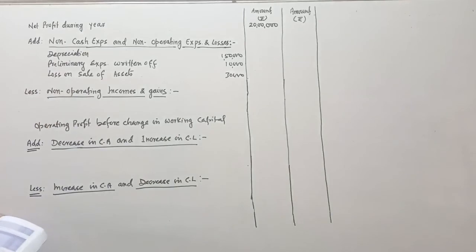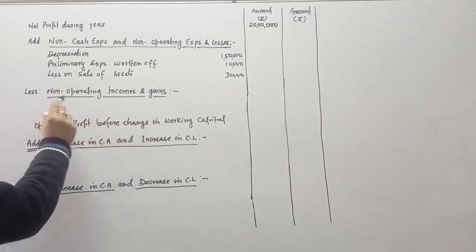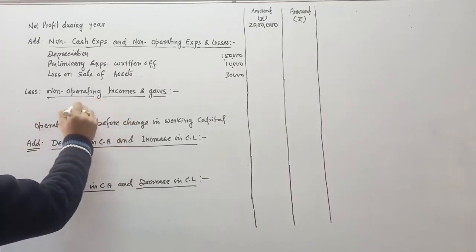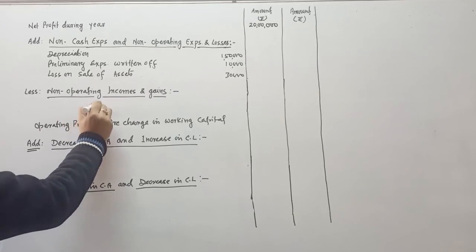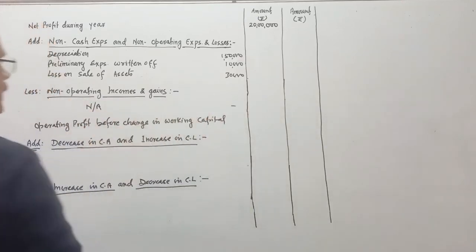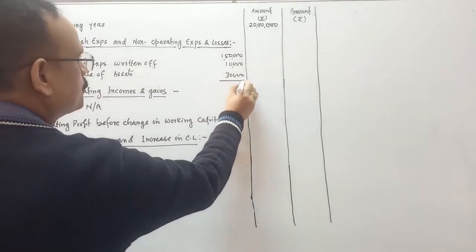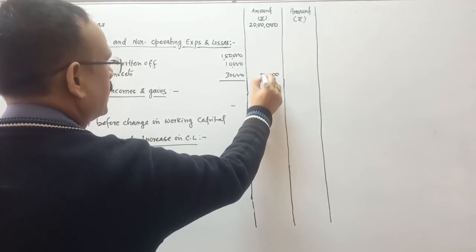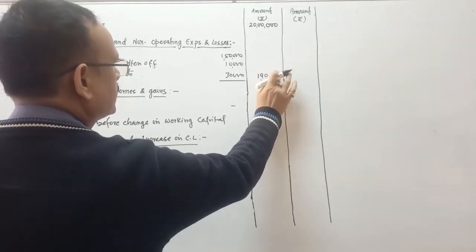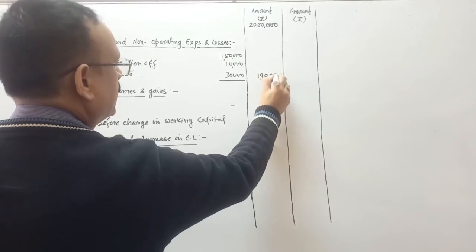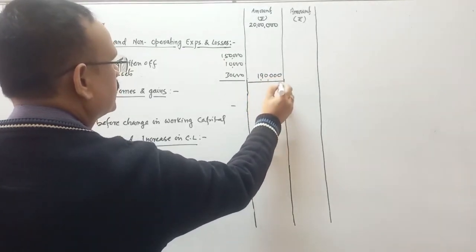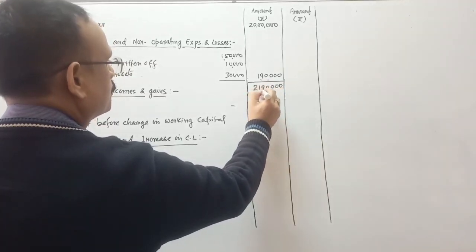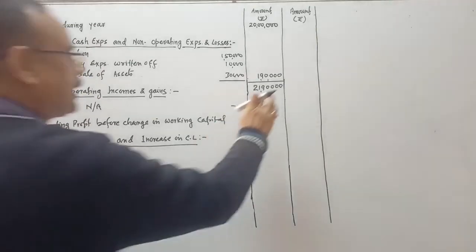Thereafter, no information is given related to non-operating incomes and gains. No data is available over here. There are no non-operating incomes and gains. So you add 1,90,000. So 21,90,000, you add it.